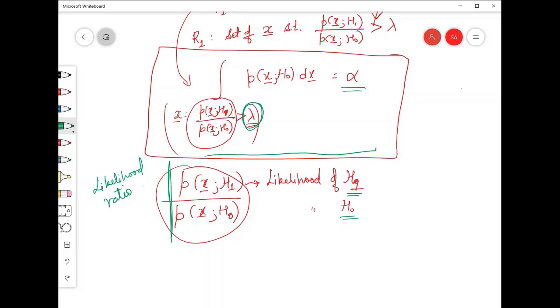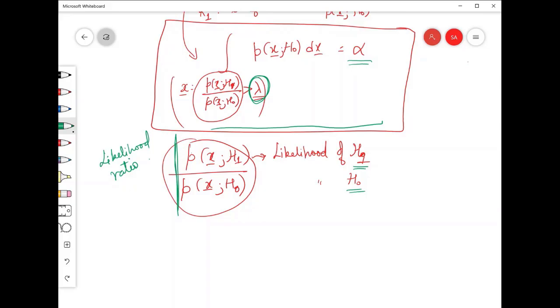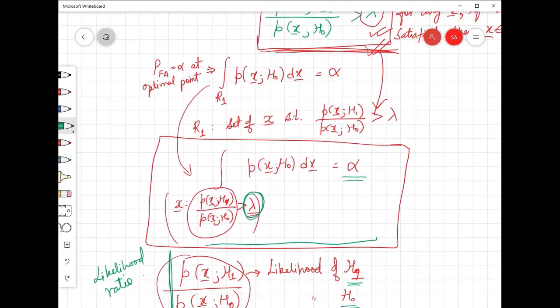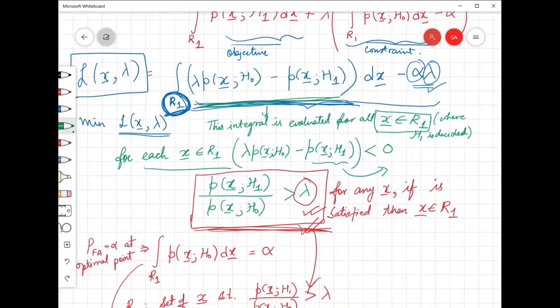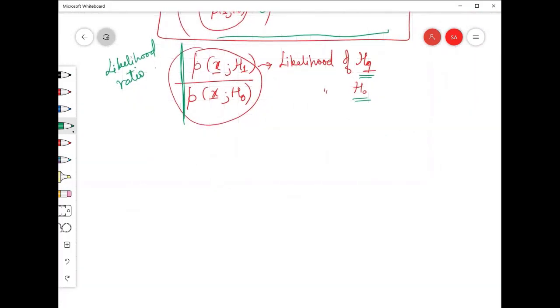Okay, so let me write a complete statement of the Neyman-Pearson theorem, and then we will take up examples to show how we solve such problems.